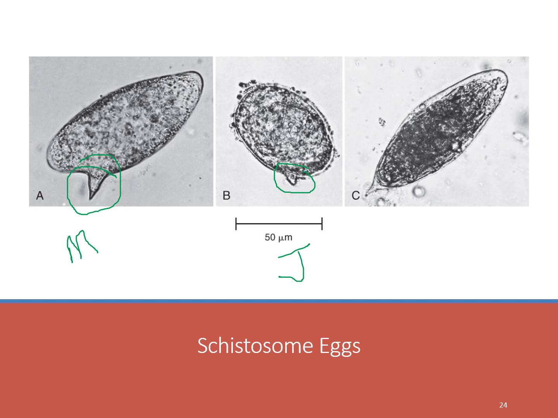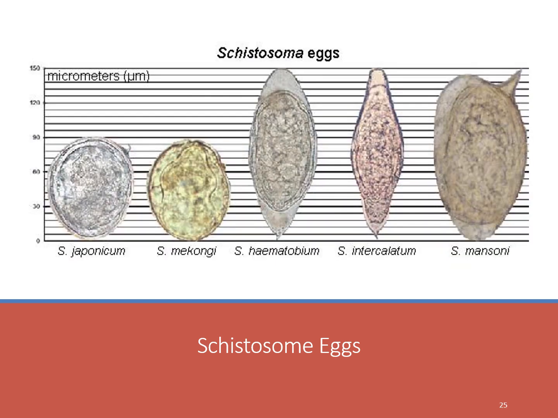And then with your Haematobium, this one has a terminal spine, and so you can see that it's a large terminal spine that's at the end of the elongated egg of the schistosoma.